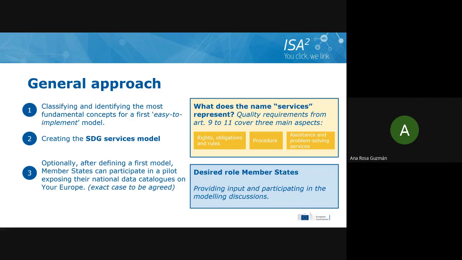There are so many specificities depending on the country. So that is a good example for Article 9. But for modeling Article 10, I see it's not appropriate.